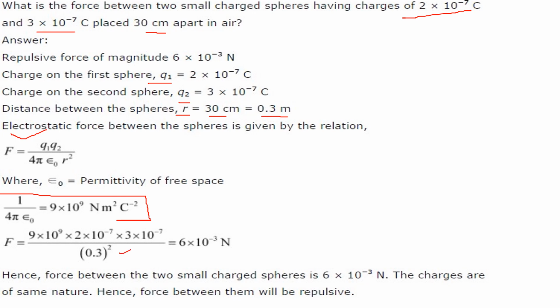Putting all the values in the formula, we get the answer 6 into 10 raised to power minus 3 newton. So this force is small between the two small charged spheres, and this force is positive, and hence it shows that the charges are of the same nature and the force between them will be repulsive.